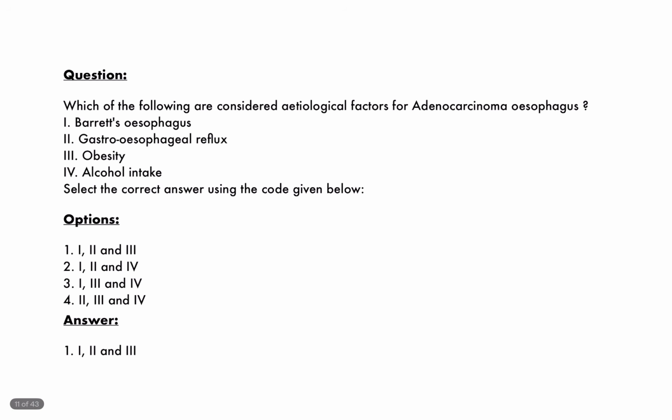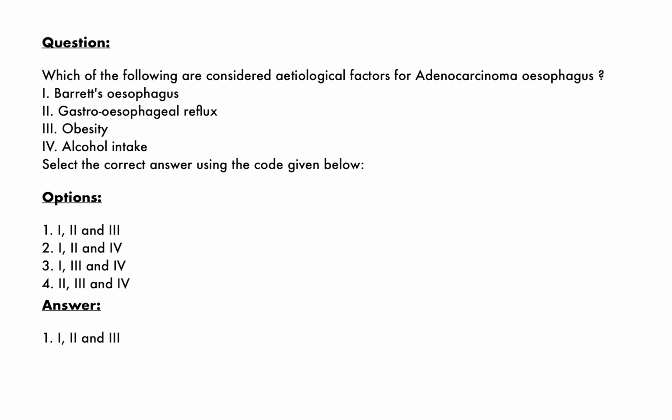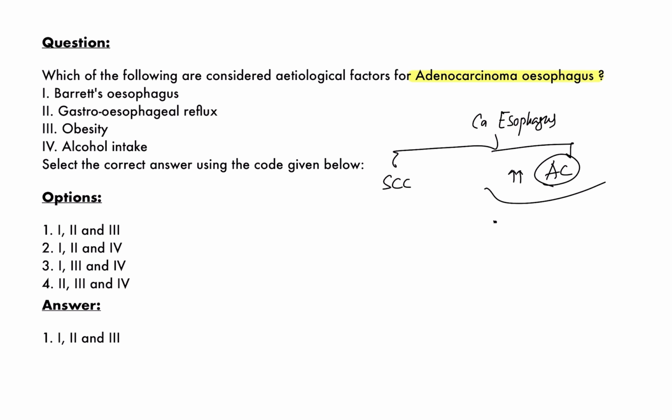Now, which of the following are considered etiological factors for adenocarcinoma esophagus? See, when you look at CA esophagus, there are two types of cancers that you see. Squamous cell carcinoma in poor countries, adenocarcinoma in rich or developed countries. Nowadays, the incidence of adenocarcinoma is increasing. There are three important risk factors for adenocarcinoma.